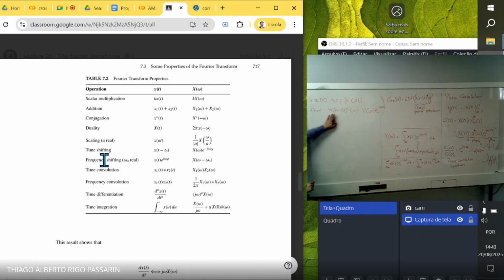Shift in time domain, multiplication by an exponential in frequency domain. Something very similar happens when we have a multiplication in time domain.